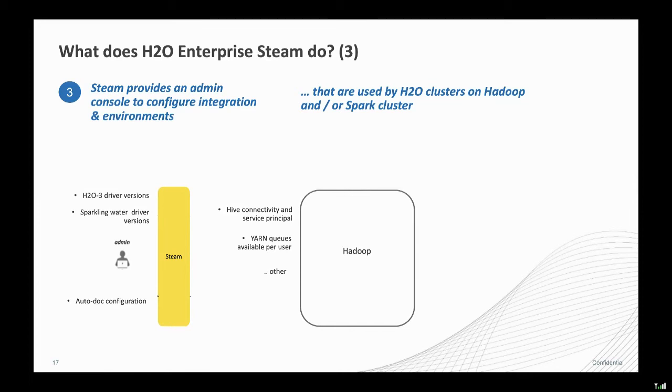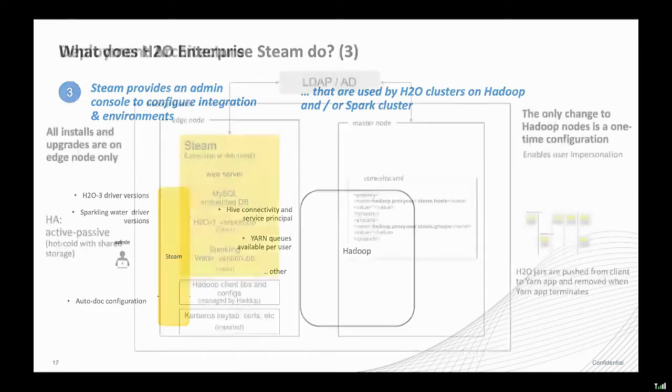If I want to configure various properties on generating auto documentation, I can do that through Steam. If I want to configure the connectivity to Hive, I can do that through Steam. If I want to configure who uses which Yarn queue, I can do that through Steam. So again, this is a central console to not just implement security, but implement integration as well.